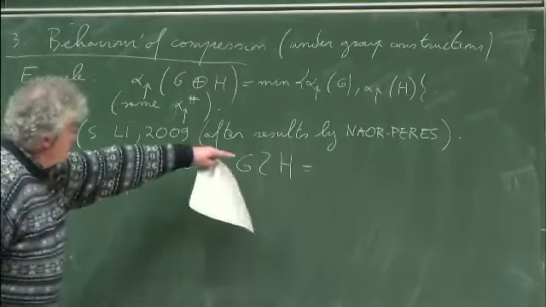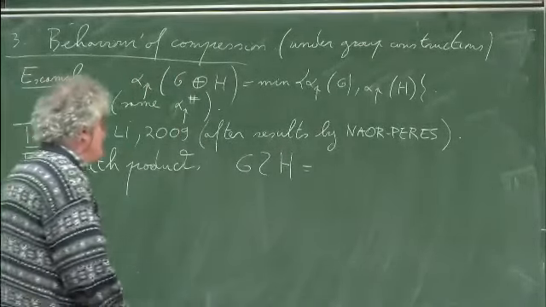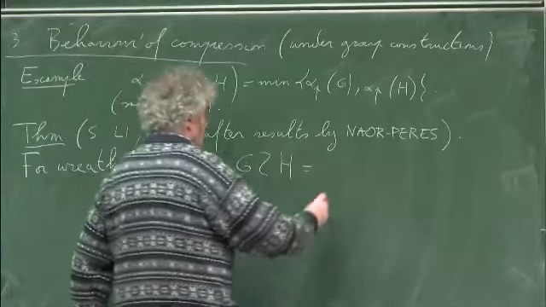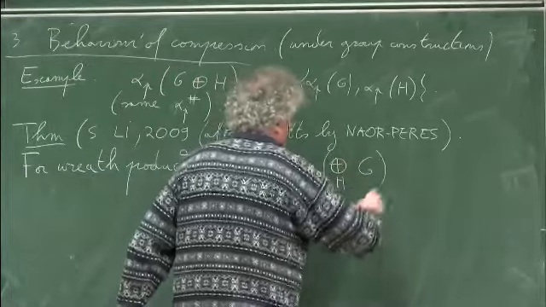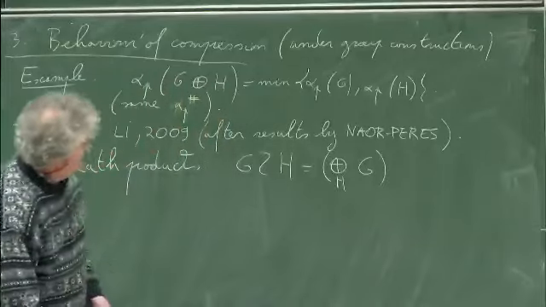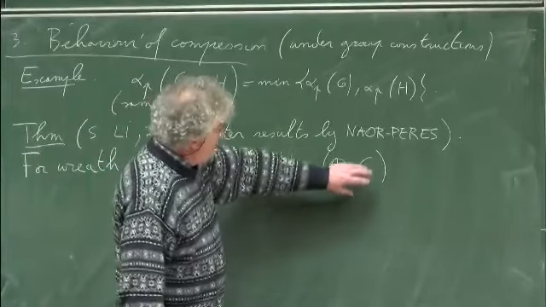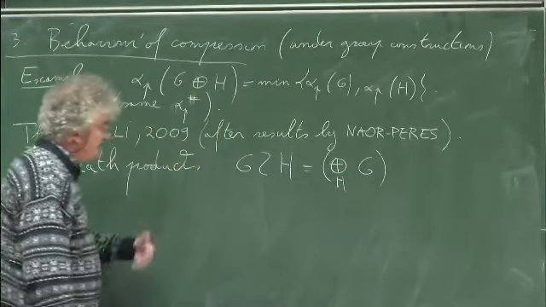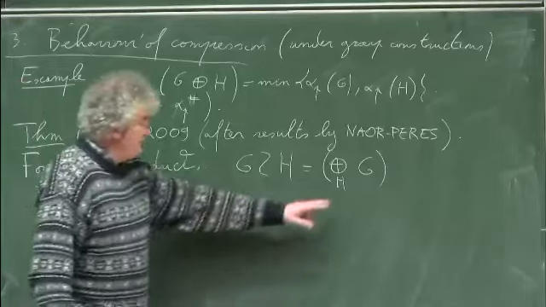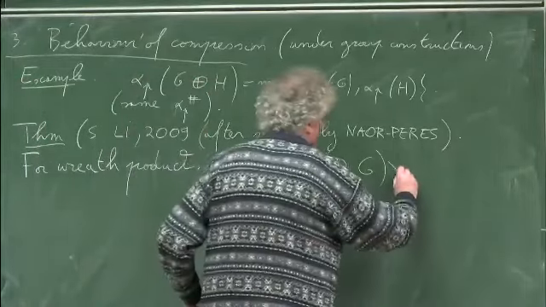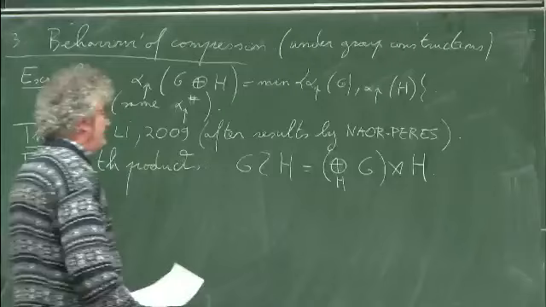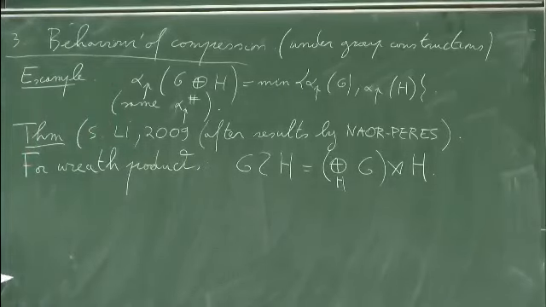So you take, let's say, two finitely generated groups, G and H, and the Riesz product of G with H is defined as follows. First, you take copies of G indexed by H, and take the direct sum. And here H acts by shifting indices, so you are allowed to take the semi-direct product. And this way you get the Riesz product.